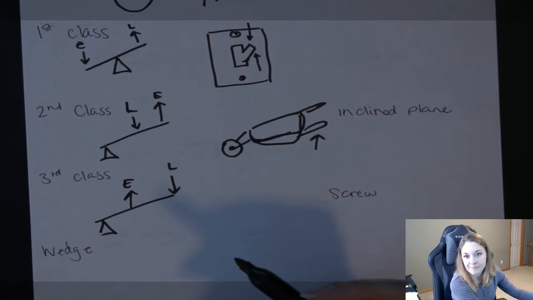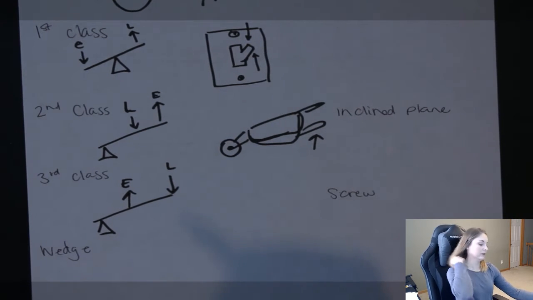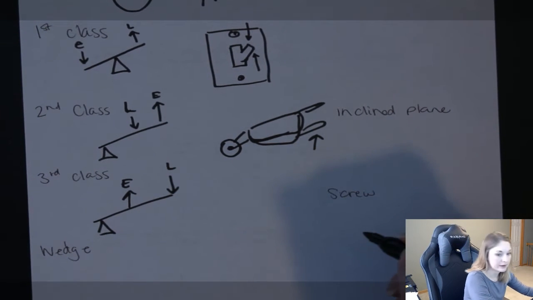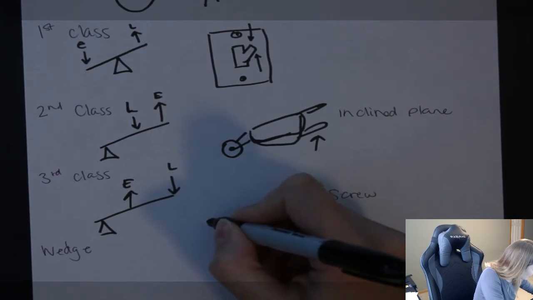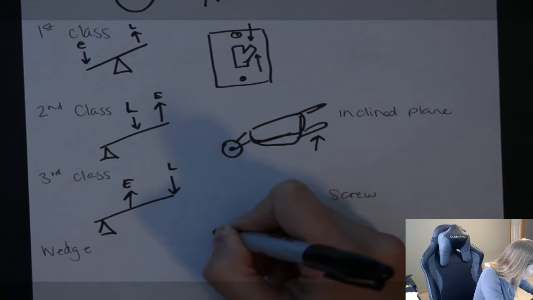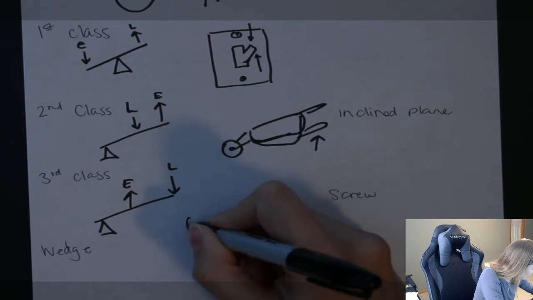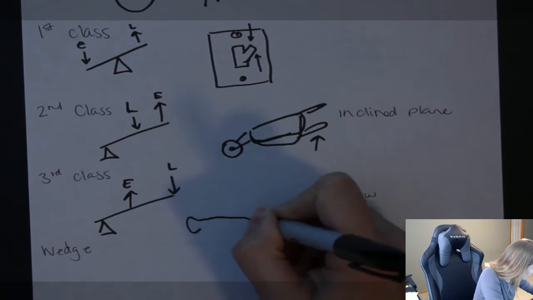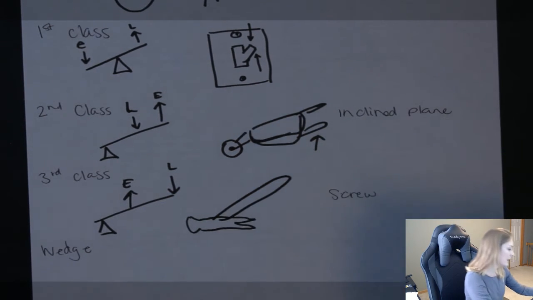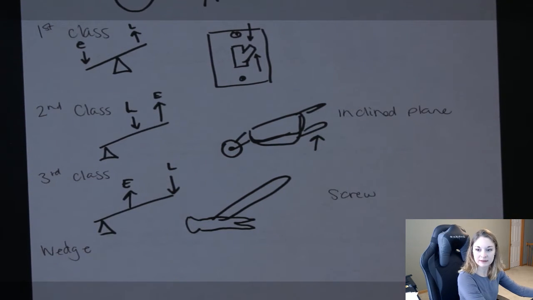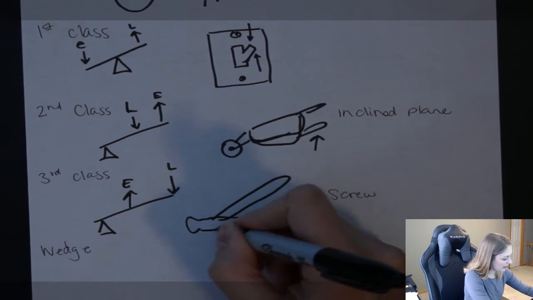The example of this would be a hammer. I gotta draw a hammer. Okay, so with my hammer, how do I want to draw this? If I have an upside down hammer going on here, if I were to grab this, my pivot point is going to be the head of the hammer.